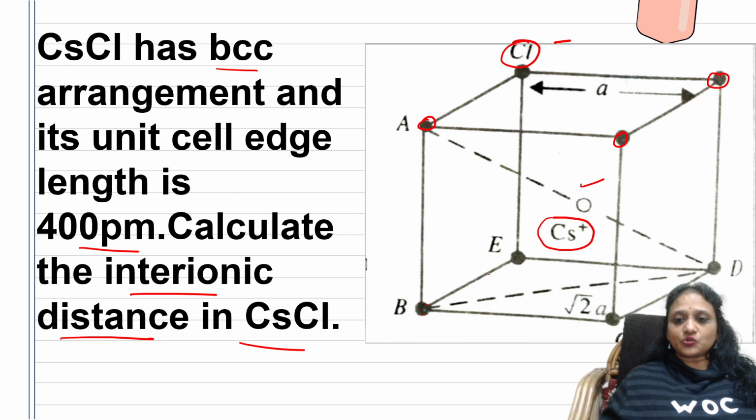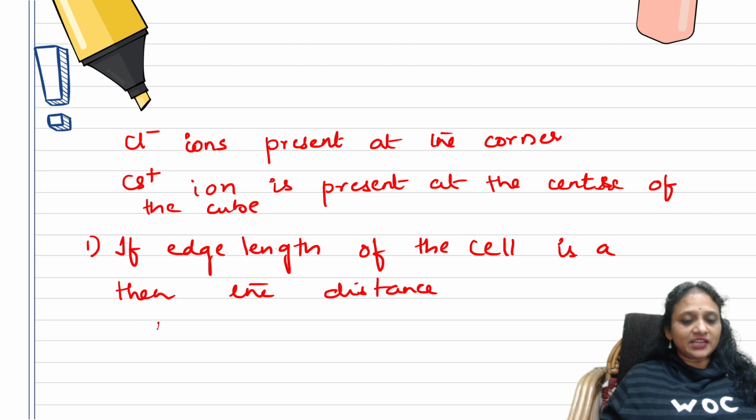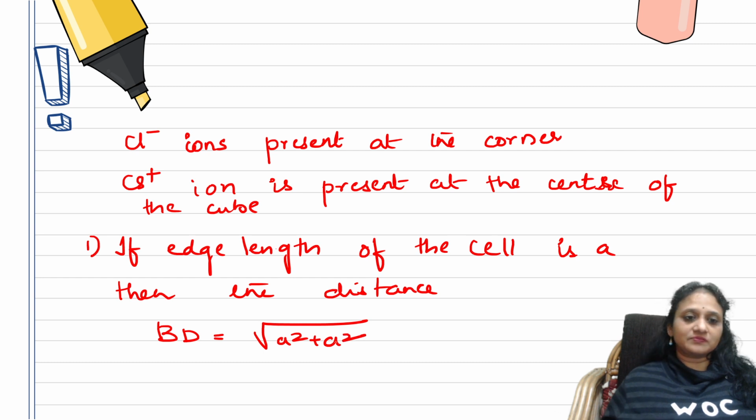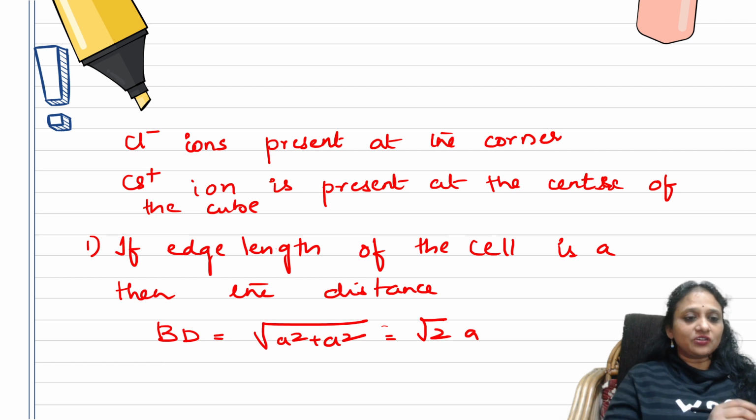According to the Pythagoras theorem, if this is a, then BD is equal to the square root of a squared plus a squared, which is equal to root 2 a. Correct, no students? Yes, done. So I got the first one.